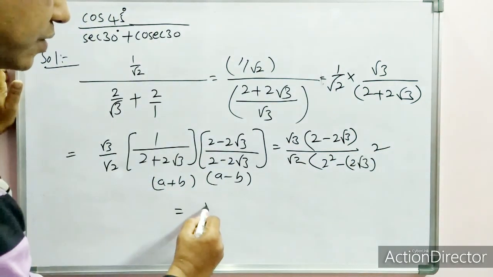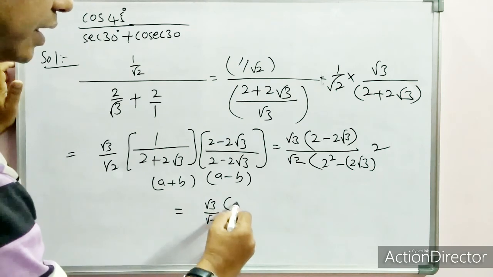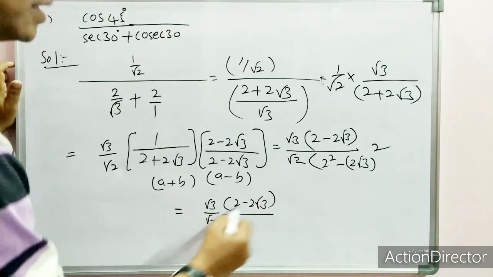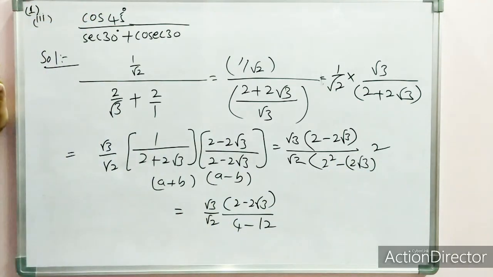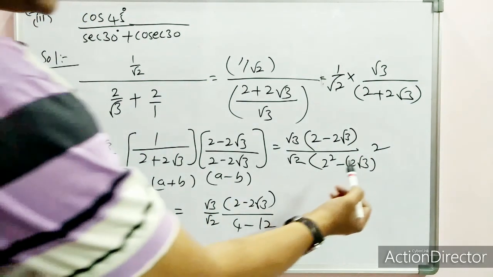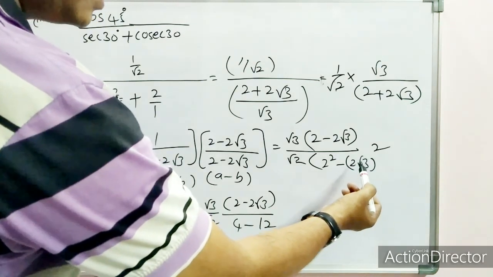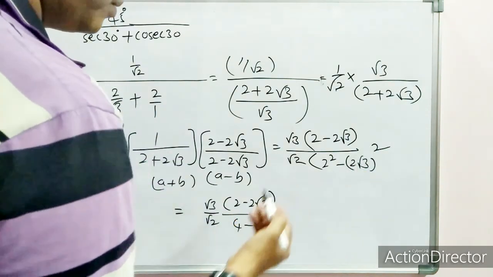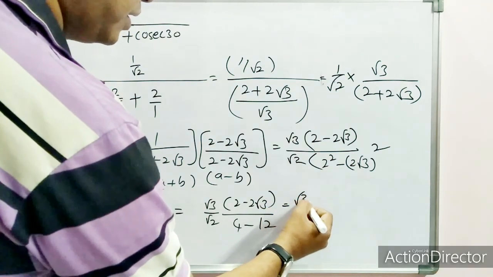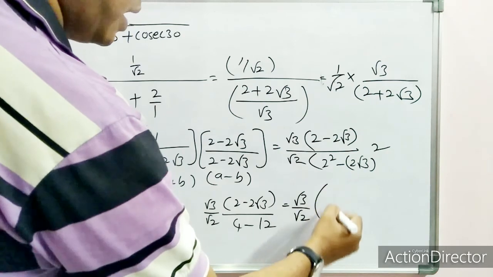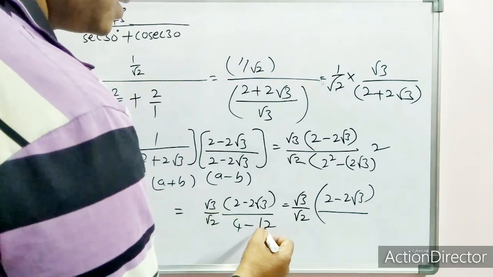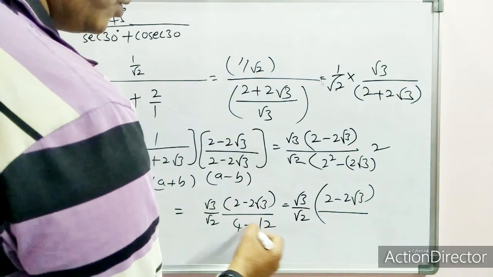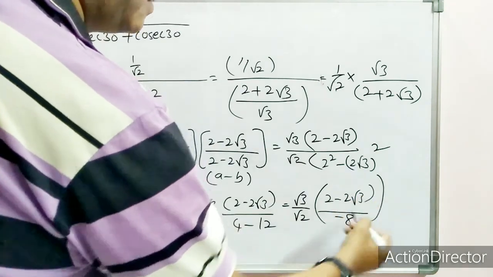So now you see that is root 3 by root 2 into 2 minus 2 root 3, by this will become 4 minus 12. You see 2 squared is 4, root 3 squared is 3, and 3 times 4 is 12. 4 minus 12 is minus 8.